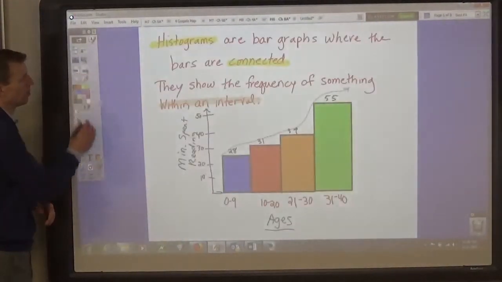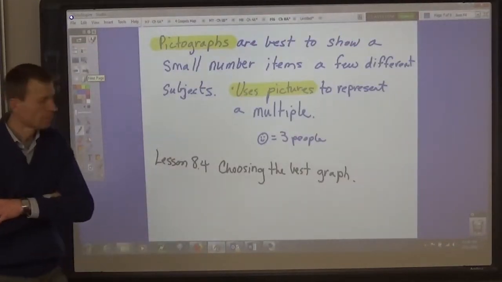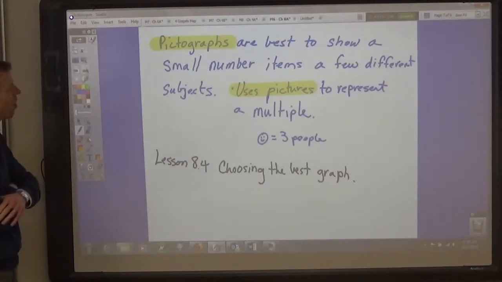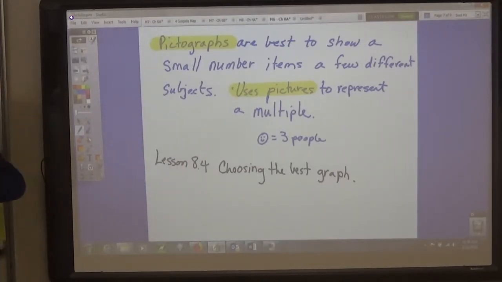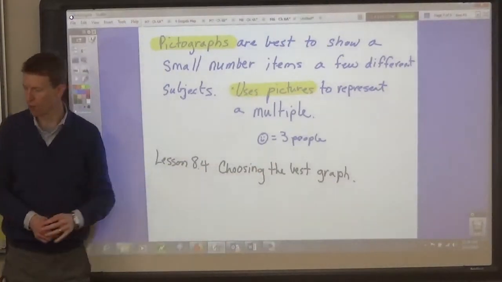Pictographs. Oh, that's more about histograms. Here we go. Pictographs. Yeah, write this down. Pictographs are best to show a small number of items, a few different subjects, and they always involve a multiple. So one picture will stand for a multiple of those things.